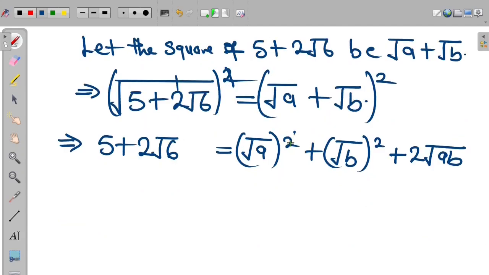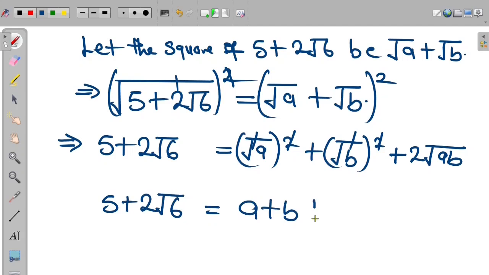Squaring takes out the roots, so we are left with 5 plus 2 multiplied by root 6 equal to A plus B plus 2 multiplied by root AB.